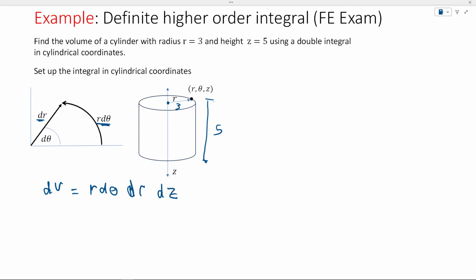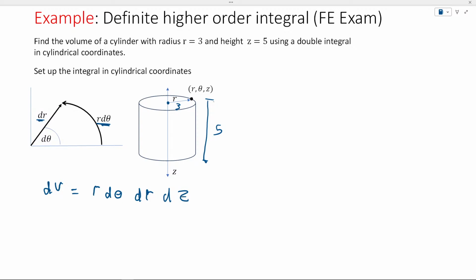So that would be r, the r d theta, times dr, times dz, so z here.